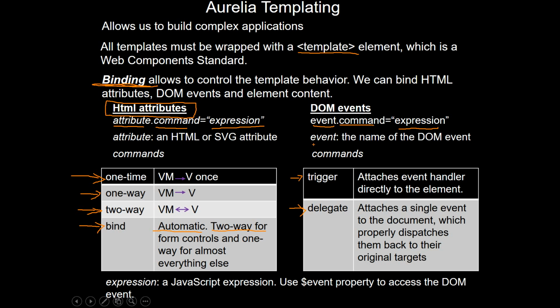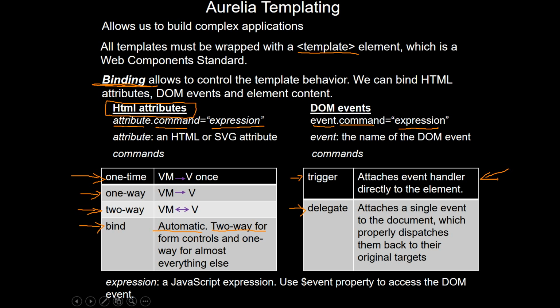The events could be like a click event, a double click event, a focus event, and so on. Those are the standard DOM events. The only difference is you don't have to say onfocus or onclick. You remove the word on and you just say the name of the event, dot, the command, which is either trigger or delegate. If you use trigger, that means it's going to attach that event handler directly to the element where you are declaring.